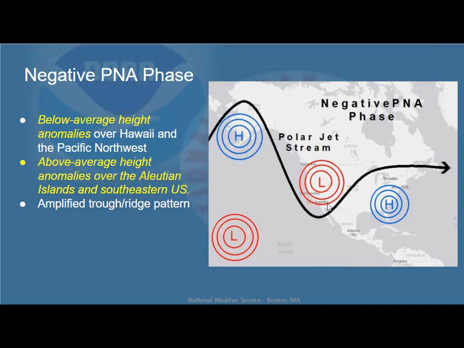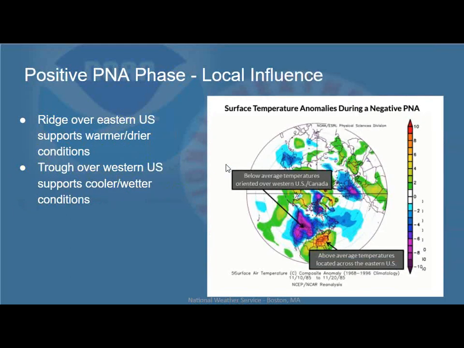This favors a deeper trough over the western half of the United States and a ridge over the eastern half of the U.S. That basically cuts out the intrusion of colder air from Canada into the eastern U.S. So again, locally, in a negative PNA phase, the trough over the western U.S. supports cooler and wetter conditions over there, and for us in the eastern U.S., we would experience warmer and drier conditions.